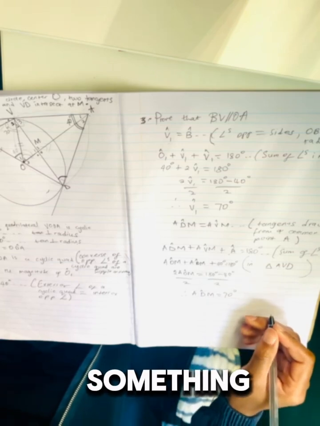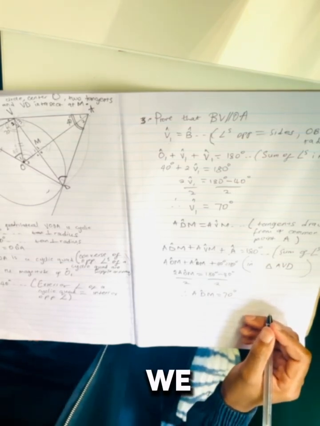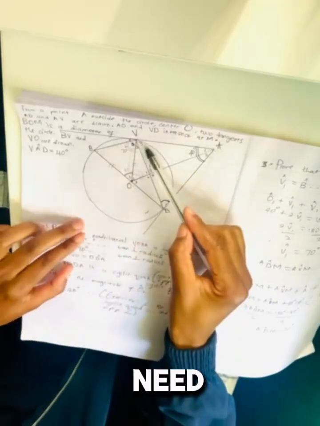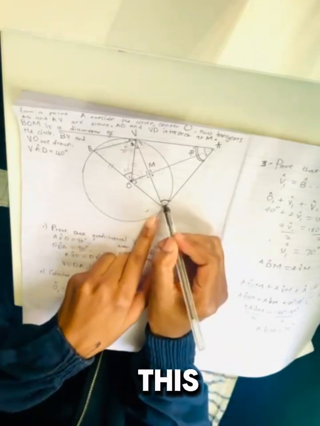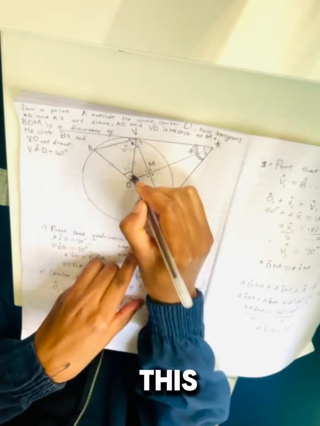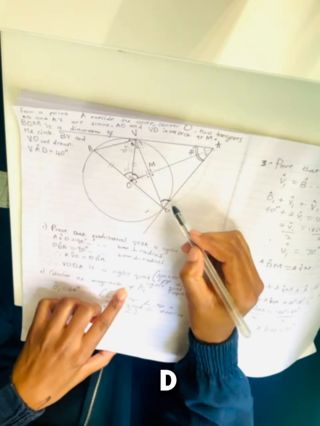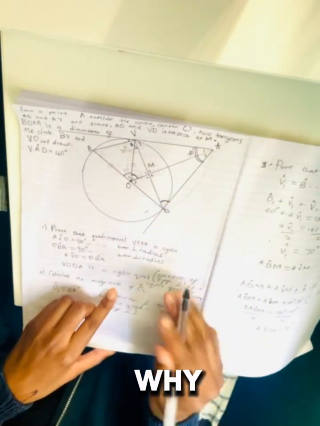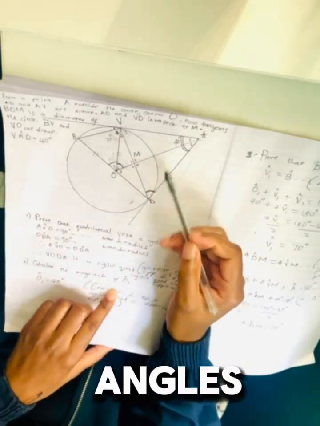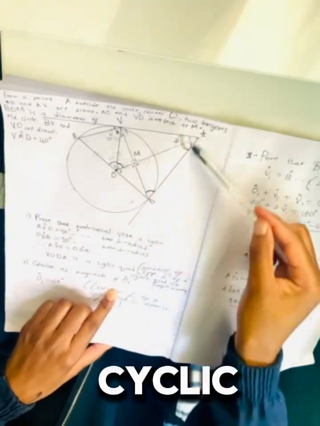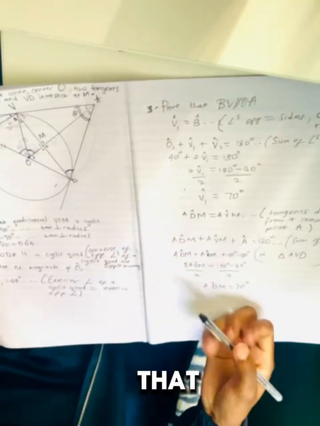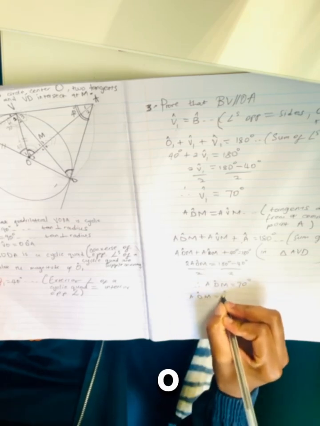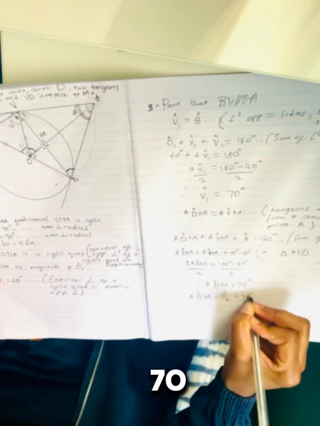But then there's something that we need to remember. We said that we have a cyclic quad, so we need to remember that. So this angle here is equal to this angle here. Angle ADM is the same as angle O2. Why? Because these are angles from the same segment, since this is a cyclic quad. So angle ADM must be equal to angle O2, which is equal to 70 degrees.